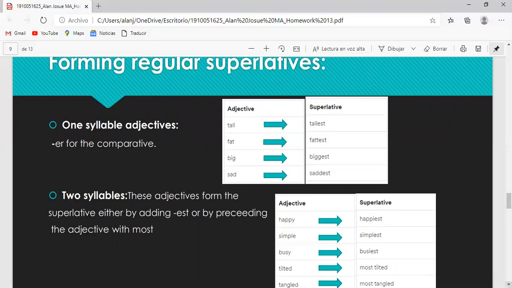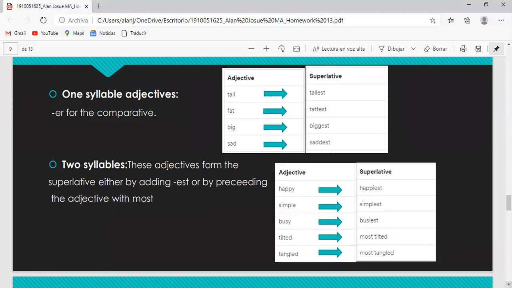For two syllables, the adjective forms the superlative either by adding "-est" or by preceding the adjective with most, which is not common. Adjective happy, superlative happiest; simple, simplest; basic, most basic.